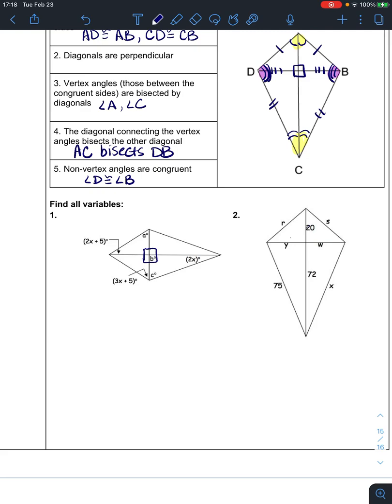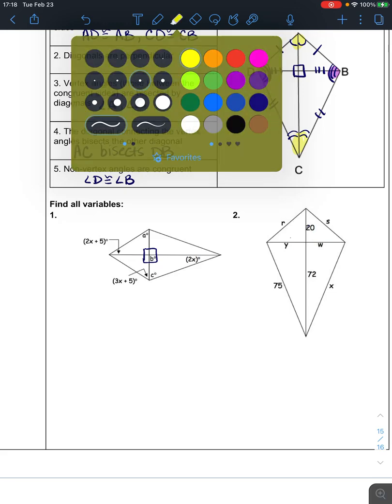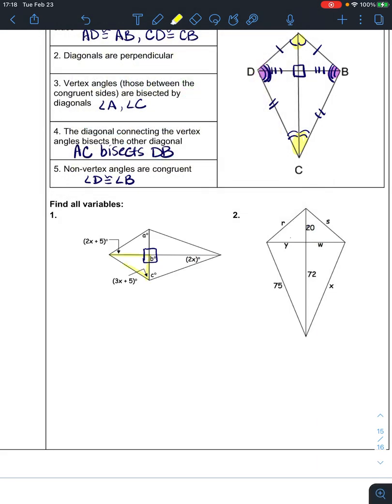So then what I know is I need to go to the triangle that has the most information, and that is going to be this one right here. Because we have a 90-degree angle, we have 3x plus 5. And then I know this other one. Well, what's this other empty angle? Well, remember that those angles are bisected, so it is also 2x plus 5.